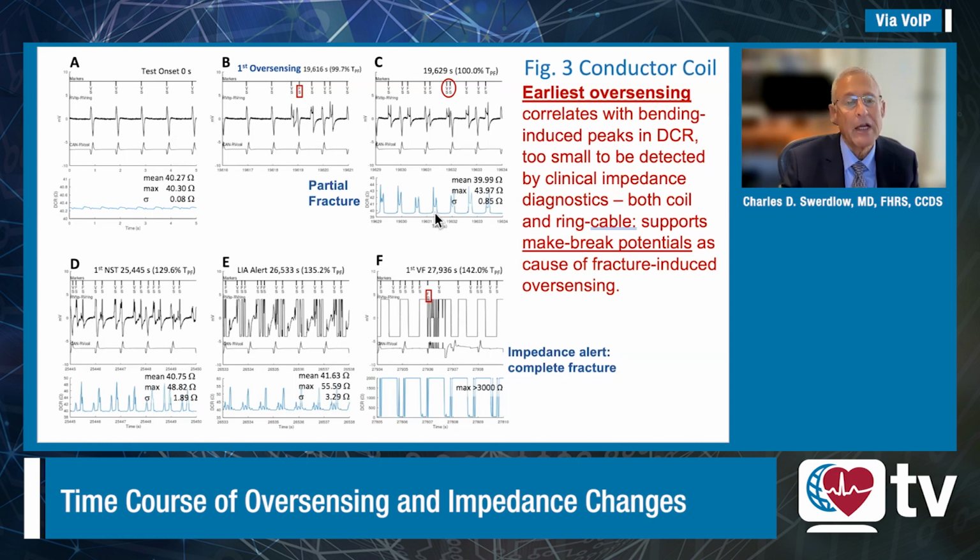So it's clearly very possible, since we already do it, to measure plus or minus 1 ohm. And I think combining more precise measurements with repetitive measurements and taking a measurement of variability would likely help us identify fractures at an earlier stage.